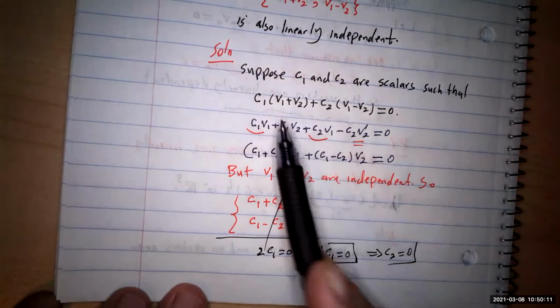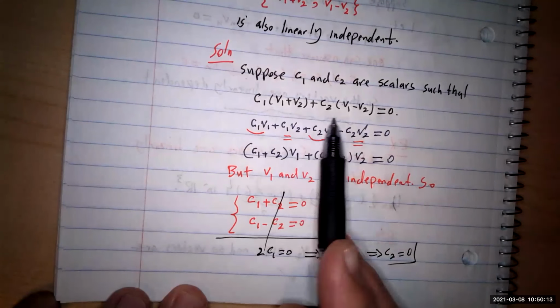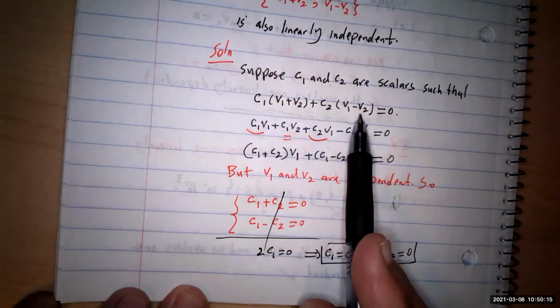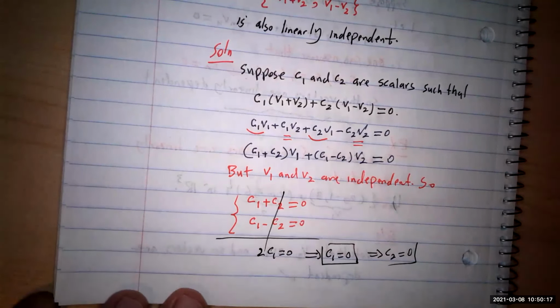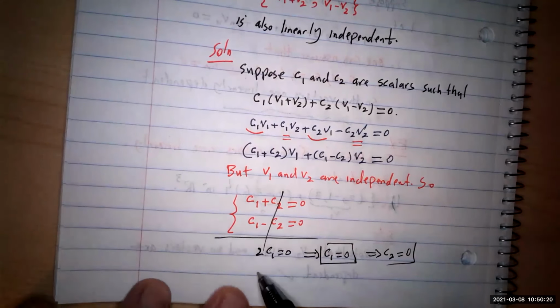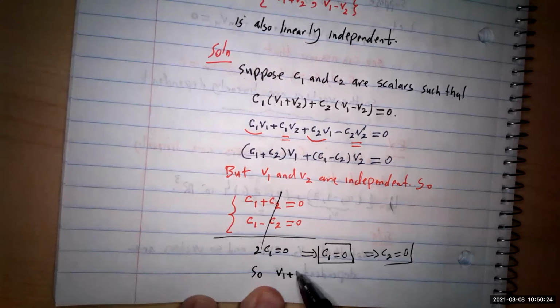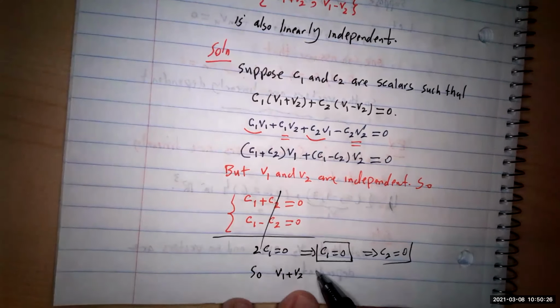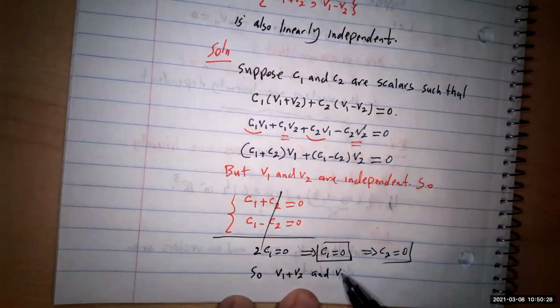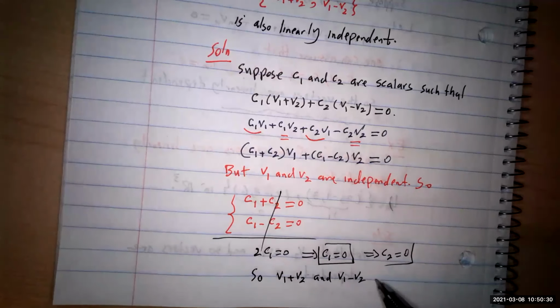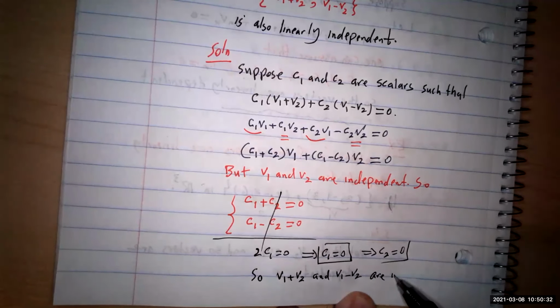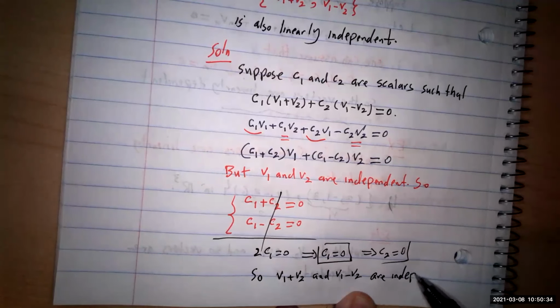So we start with a combination of V1 plus V2 and V1 minus V2, and you prove that the coefficients are 0. Therefore, the vectors V1 plus V2 and V1 minus V2 are going to be independent. Very nice proof.